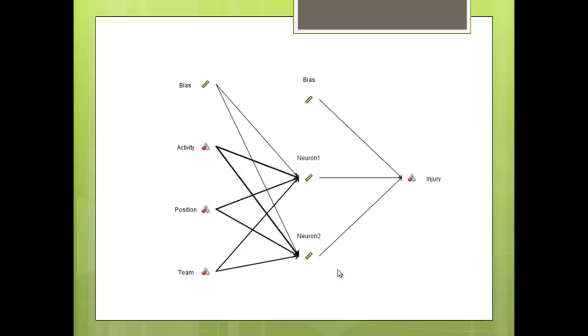We are using a neural network for our prediction. The unique feature about a neural network is it adapts quickly. And hence, when we run this model with variables such as team, position, and activity, we are 58% sure on what might be the likely injury that a player might pick up in the next match.